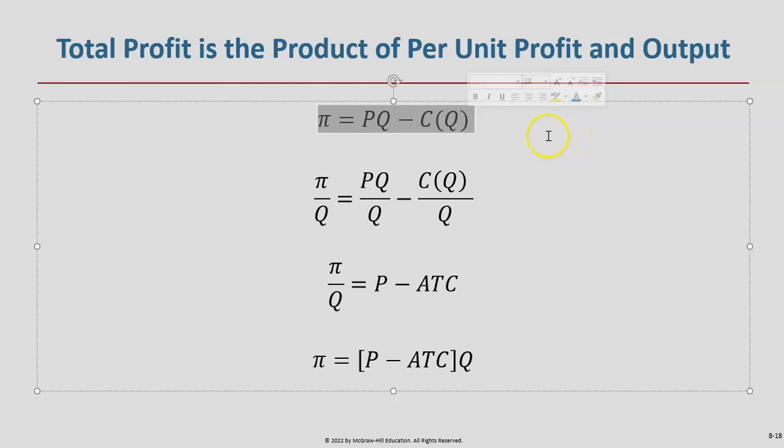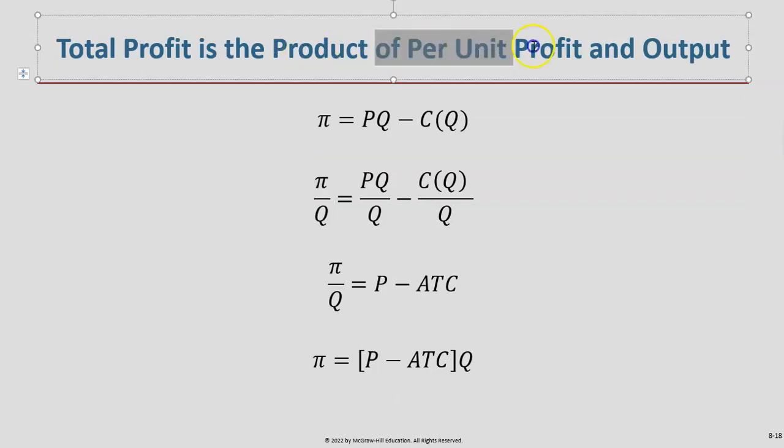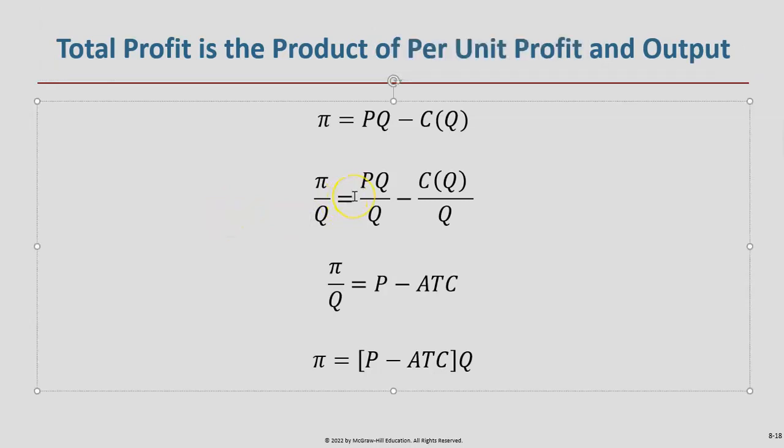Okay, if we divide both sides of this first equation by output, then on the left-hand side of the second equation, we get per unit profit. Okay, so if profit is $100 and we produce 10 units, then the profit per unit is $10. So that's equal to revenue per unit minus cost per unit.